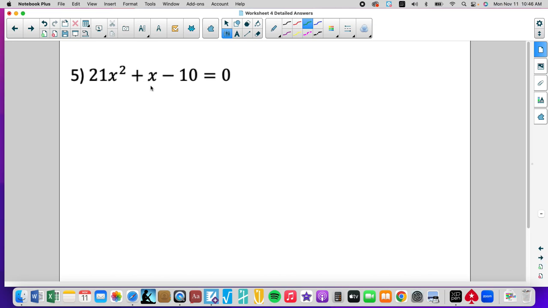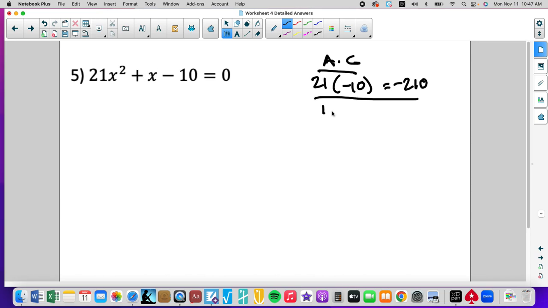Ooh, okay. Now my a value is not 1. So I'm going to teach you real quick. A times c. A is 21. C is -10. That gives me -210. So a times c. And now we're going to find the factors of -210 that when subtracted equal 1.